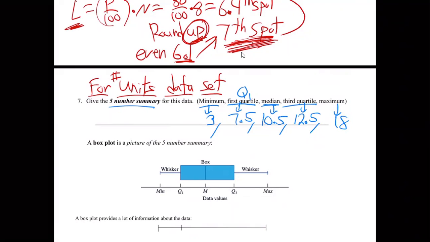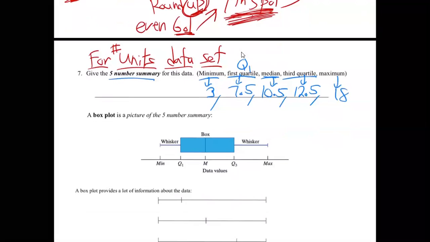So this shows how many units different people are taking in the class. And then finally, is that good so far? 5-number summary. Any questions on that part? Feel free to speak up or throw something in the chat box, either way.